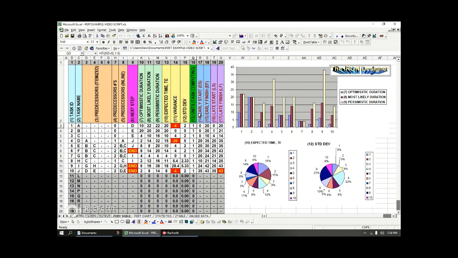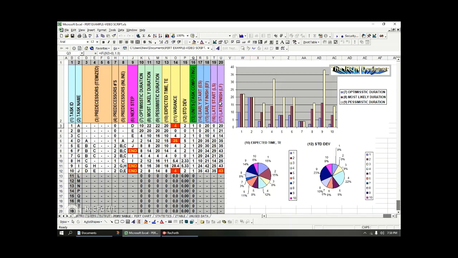The next things that we need to look at are the early start, the early finish, the late start, and the late finish. What happens in the 2 early columns is that those are computed looking forward from start to end. And we'll get into that when we look at the PERT chart.